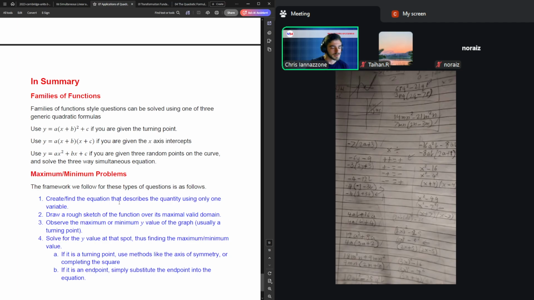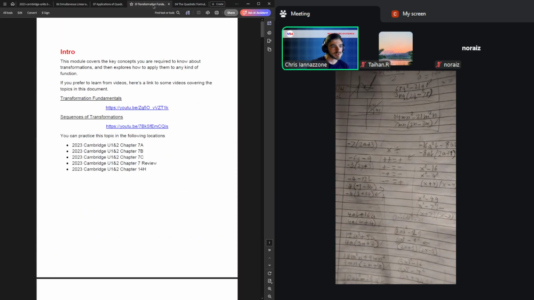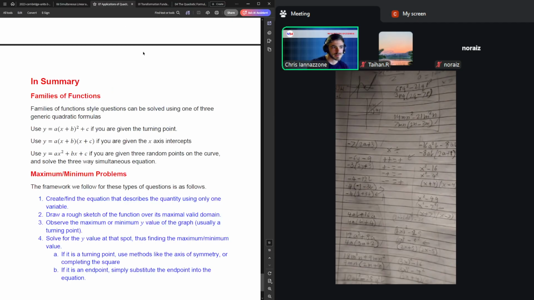Any questions so far? So these lessons are normally meant to be a recap on these sorts of things, which is why it's kind of lecture heavy. There's a lot of content that was covered in class 1, class 2. I am curious, should I keep going into transformations, or do we want to practice some of this quadratic stuff?